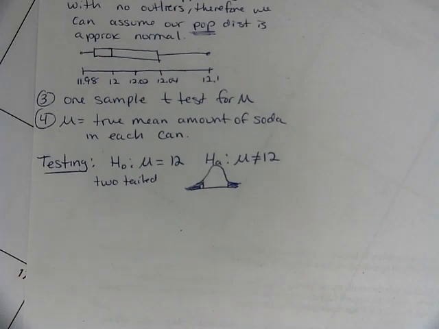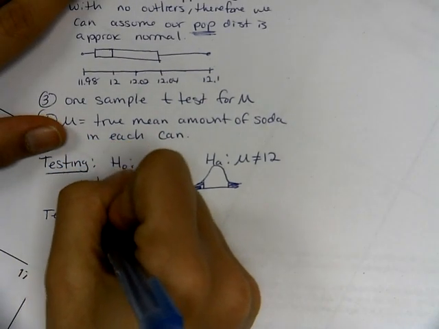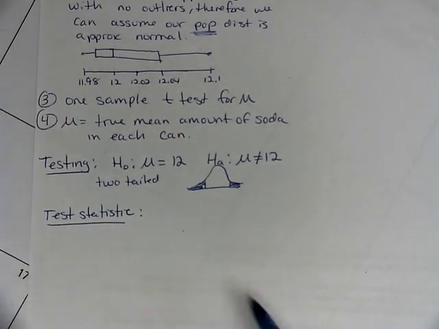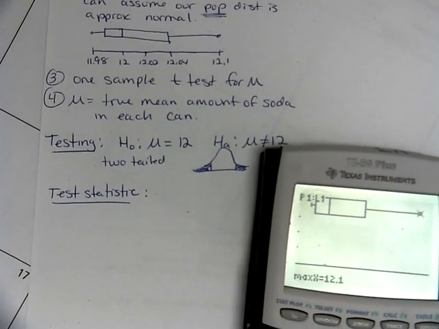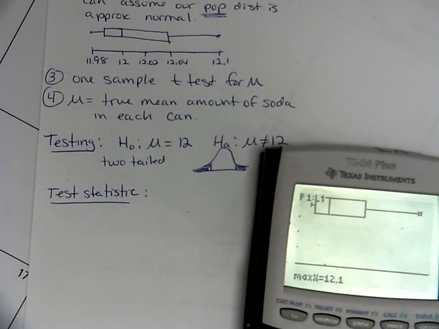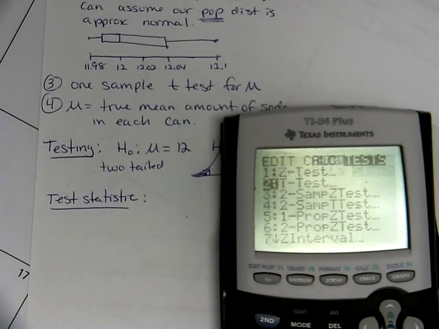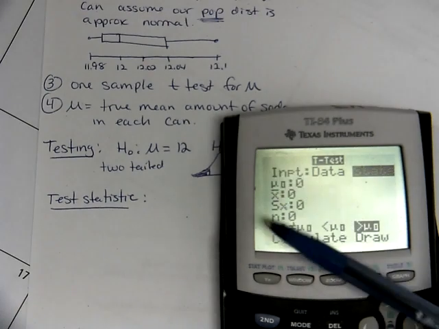And then we're going to have 2 different t-values. So for our test statistic, usually you list all your stuff. Well, this one's going to be weird now. You actually have to do everything in the calculator first and then write it all out. So when you go over to your t-test, so far we've been doing the stat side where we plug everything in.